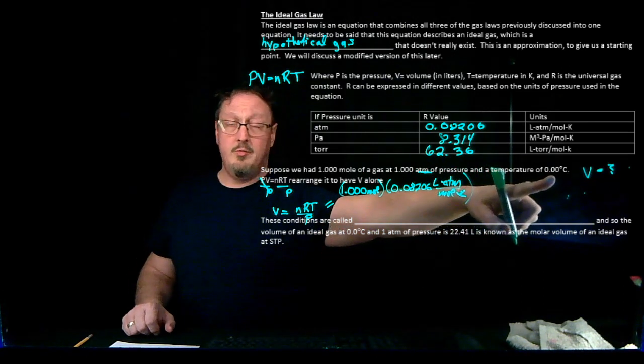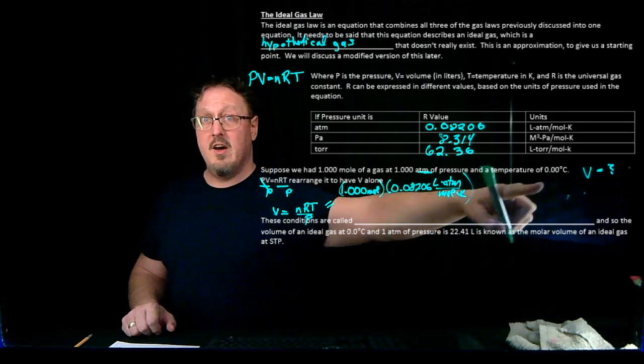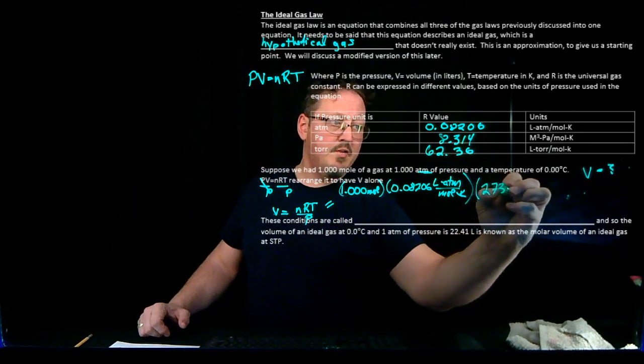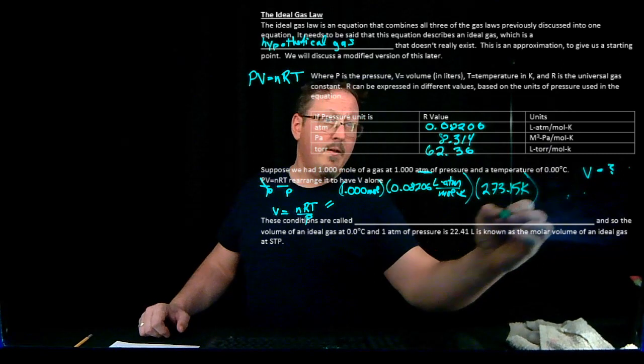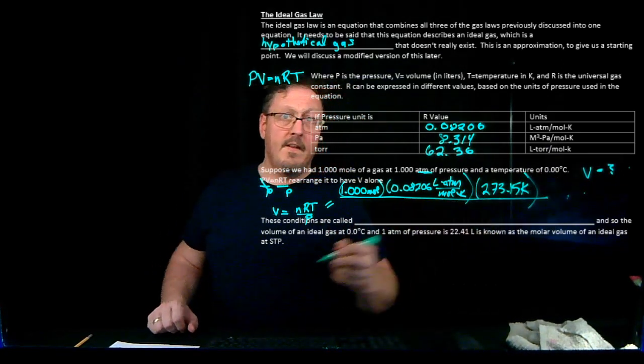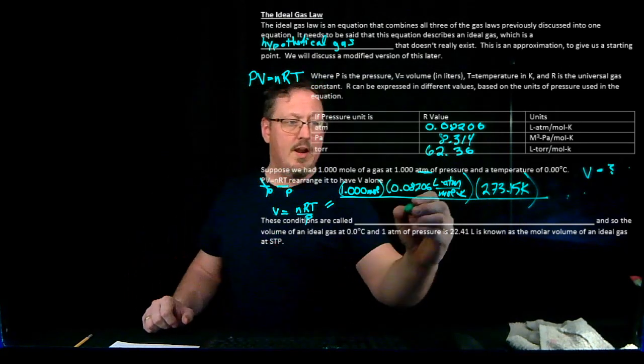Now 0 plus 273.15 is 273.15 K. And we're going to divide that whole mess by the pressure of 1 atmosphere.